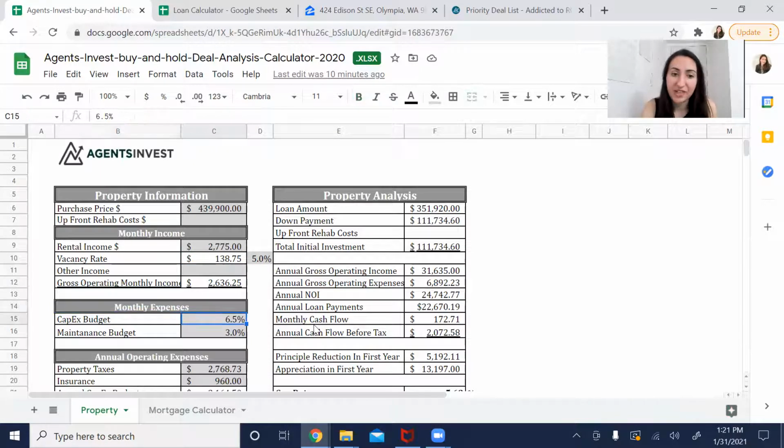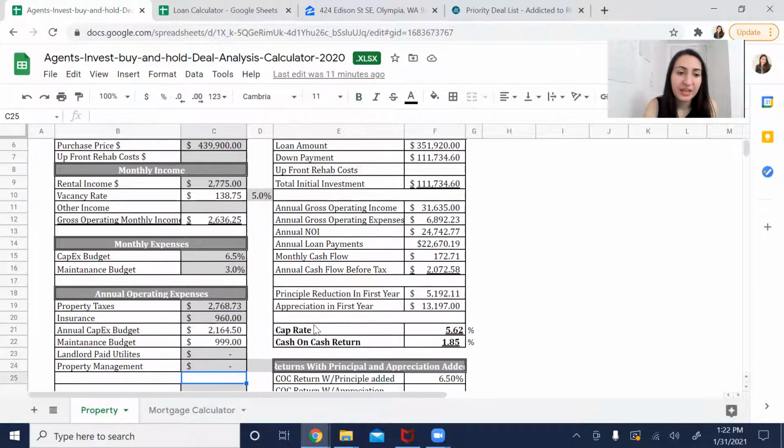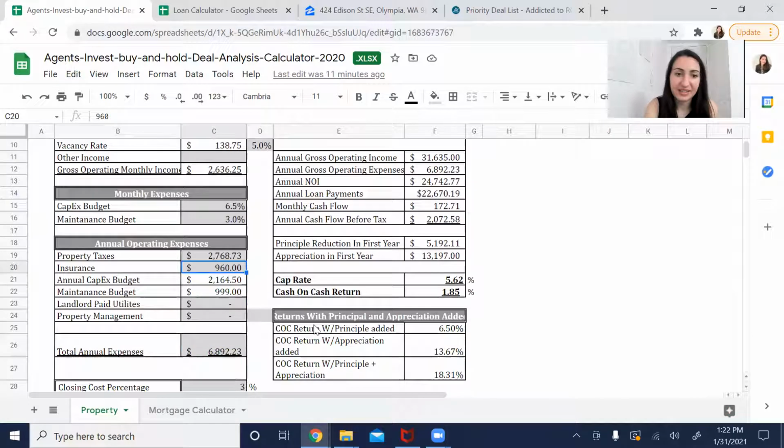So now we gotta think about expenses, and we have big expenses that happen once in a blue moon, like changing the roof, and we have small expenses that happen more frequently, like fixing a sink, for example. So you have to account for all those expenses. And you have property tax, and in this property, it's a lot.